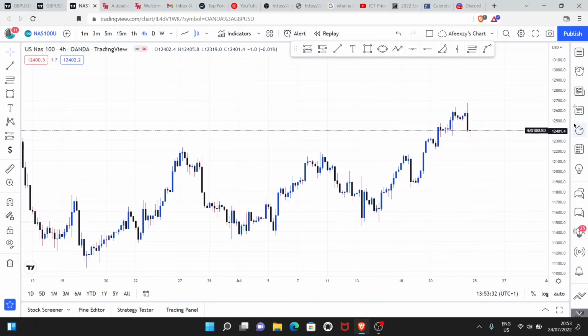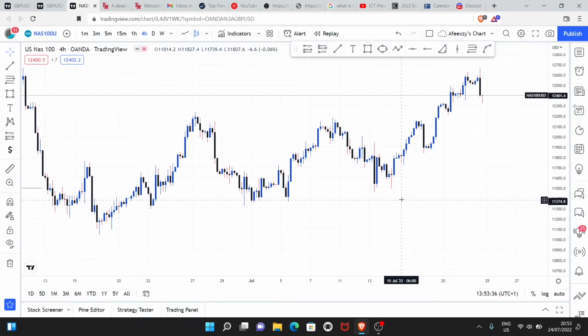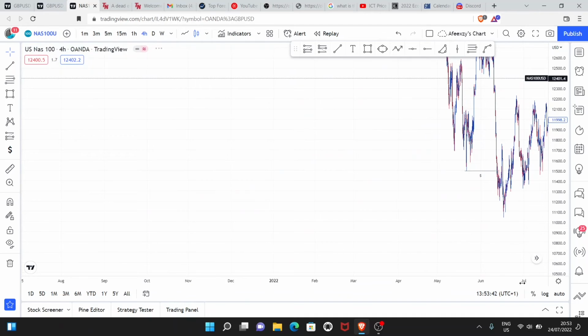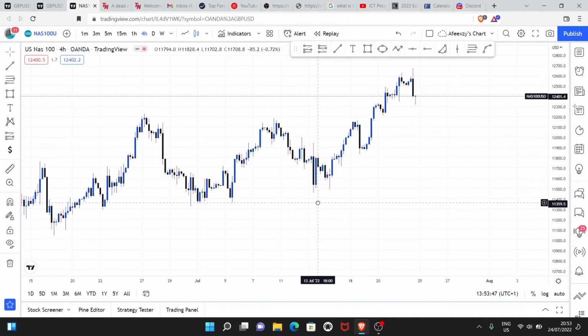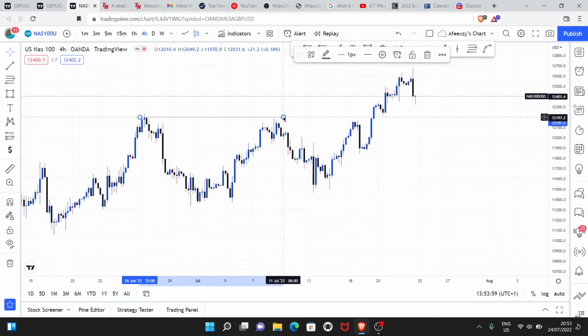On the 4-hour time frame, let me zoom in and see what's happening. On this 4-hour time frame, the Nasdaq attacked this high of last week. We attacked this high.